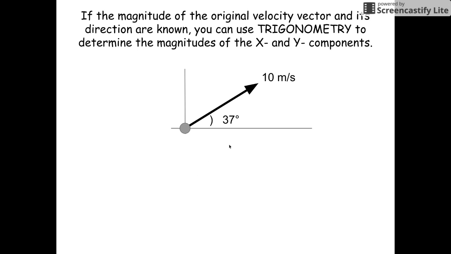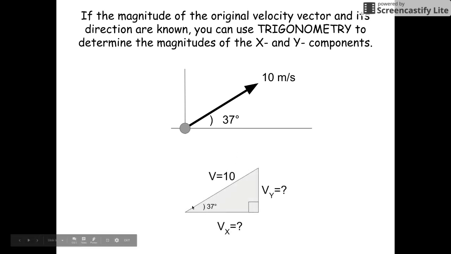Now what we want to do is find out what are the magnitudes of the x and the y components. So in other words, if you have a right triangle and the hypotenuse is equal to 10, how do you find the adjacent side, and how do you find the opposite side with respect to the angle that's given? And I hope that you are anticipating that we're going to be talking about using cosine and sine next.